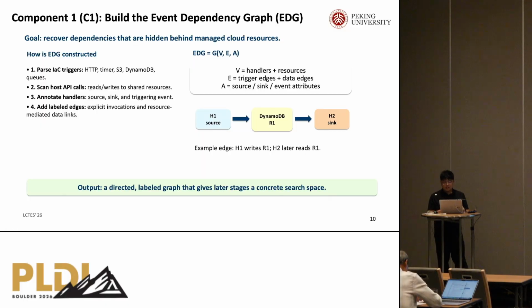Third, it annotates handlers with source, sink, and event attributes. Finally, it adds two kinds of labeled edges. The example on the right shows the important idea. If H1 writes DynamoDB and H2 later reads it, the resource node makes that hidden dependency explicit.